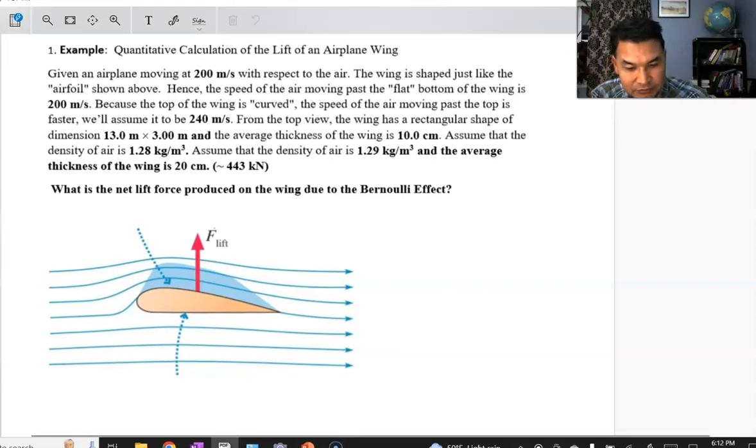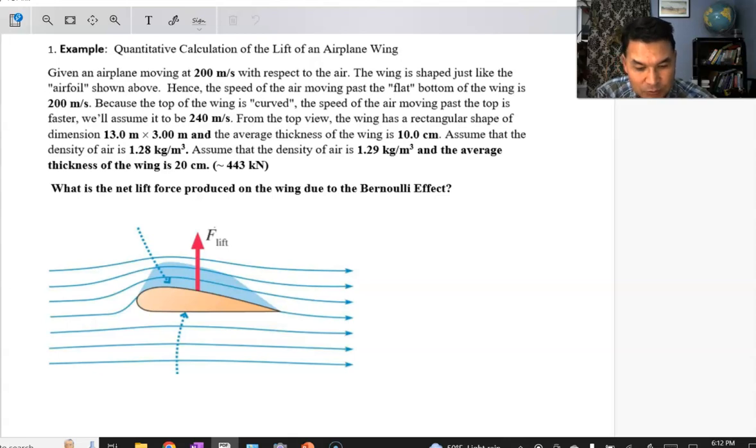If you look at the wing design, it has an aerodynamic airfoil design, and because of that, when the airplane cruises with some speed, the air molecules have to travel at a faster speed on the top of the wing compared to the bottom of the wing. That creates a pressure difference, because we know higher velocity, faster velocity, means lower pressure, and vice versa.